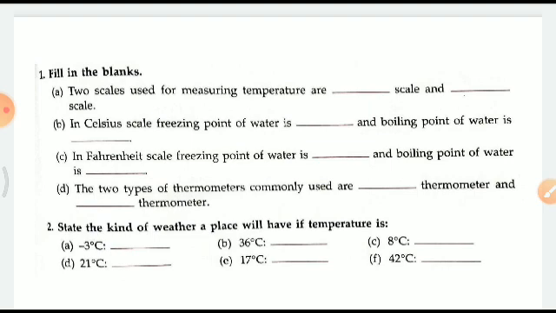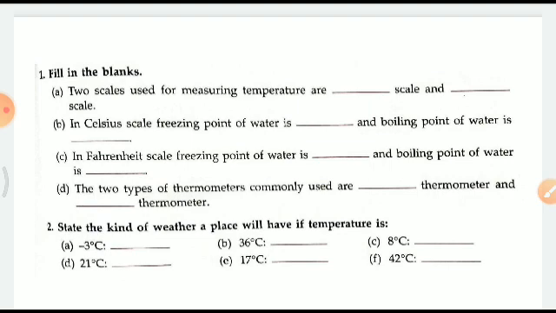See, I am giving you one hint. In Fahrenheit it is 0 degree, and boiling, I think, it's 0 degree and 100 degree Celsius: boiling point of water is 100 and freezing point of water is 0 degree Celsius.